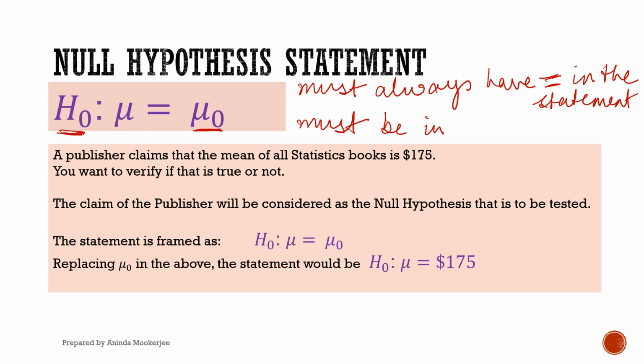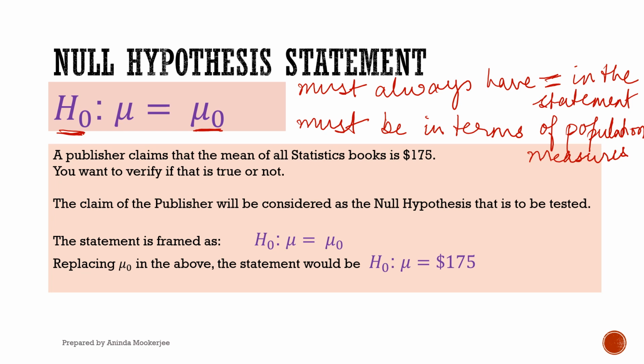What is the term we use for population measures? It's parameters, correct? So when stating your null hypothesis as well as the alternate hypothesis, we should always have population measures, all right, not sample measures. So you cannot write this as X bar, it has to be mu.